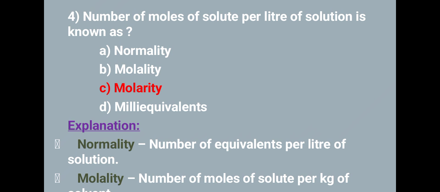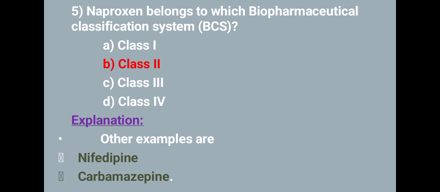The correct option is option C molarity. So molarity means number of moles of solute per liter of a solution. Then what is meant by normality and molality? We can see it. So normality means number of equivalents per liter of solution and molality means number of moles of solute per kilogram of solvent.